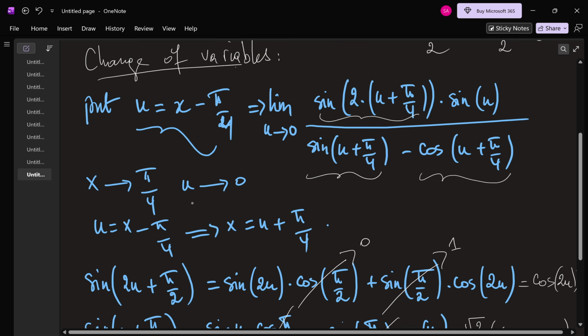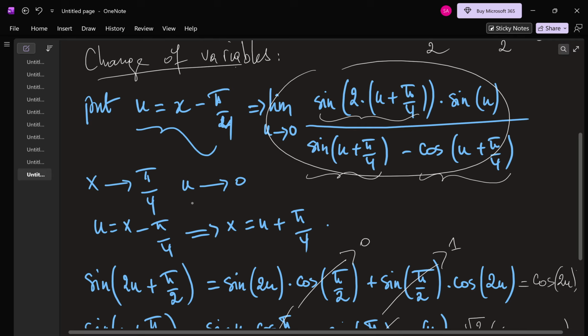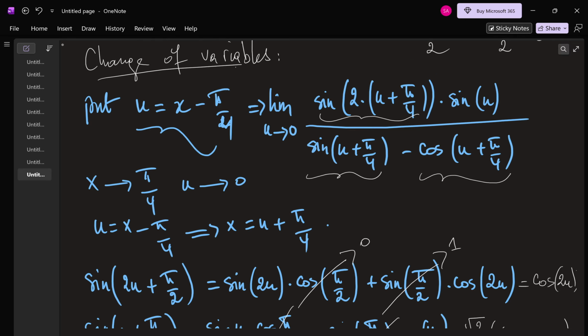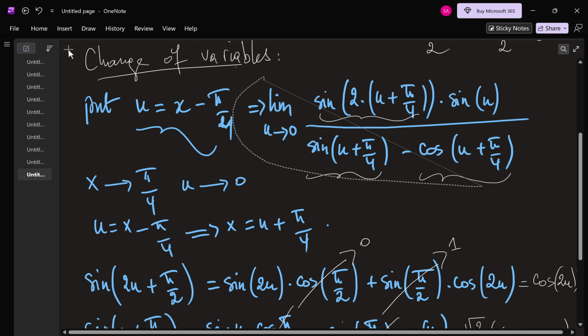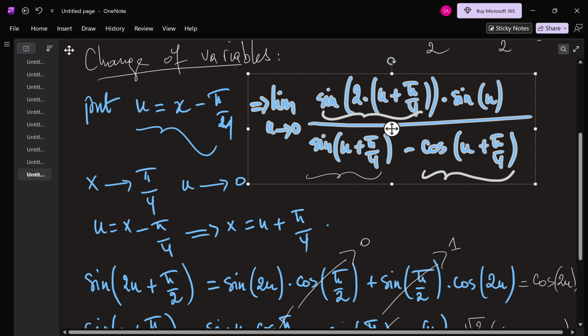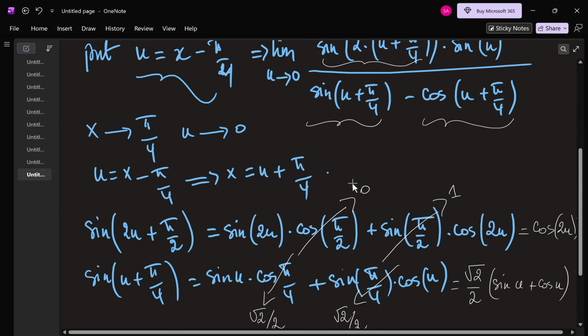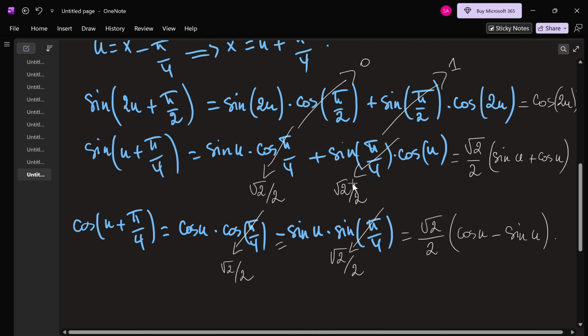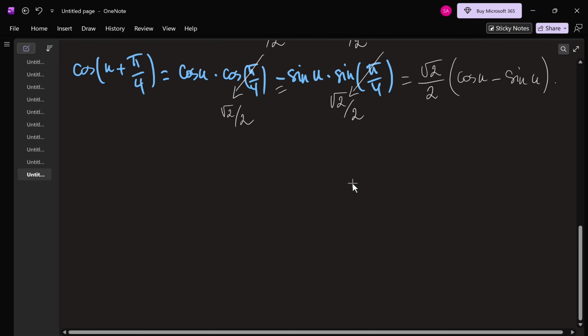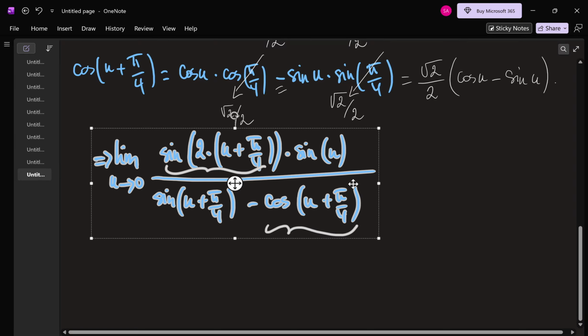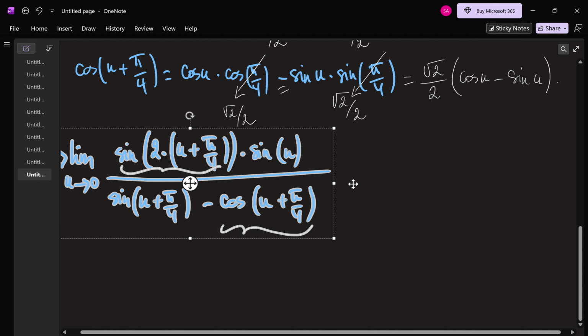We will now substitute all these three formulas here. I will copy this, and paste.